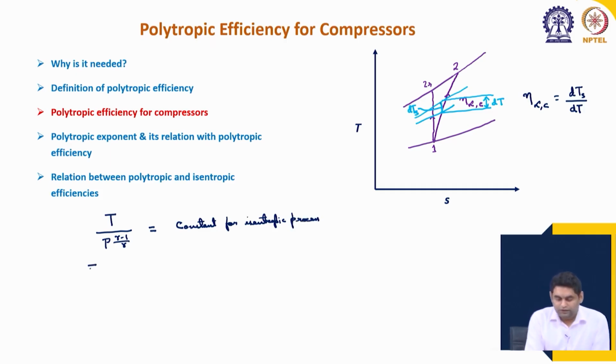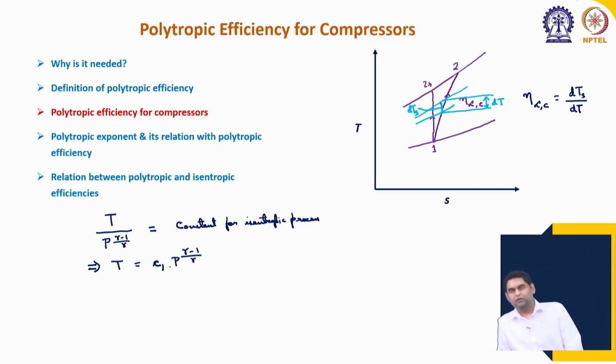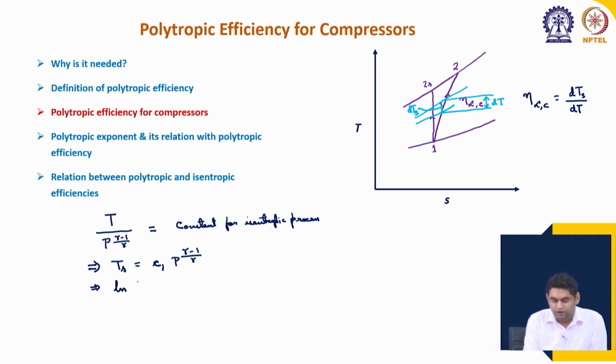So, we can write this as T is equal to some constant C1, let us say, multiplied by P to the power gamma minus 1 by gamma. Of course, we can write this constant from the ideal gas law also, but we do not need that. Because this is for the isentropic process, the temperature variable here is Ts. So, ln Ts is equal to ln C1 plus gamma minus 1 by gamma ln P.